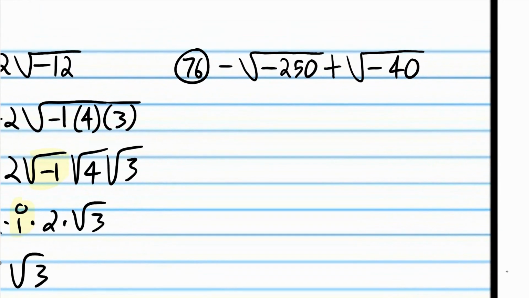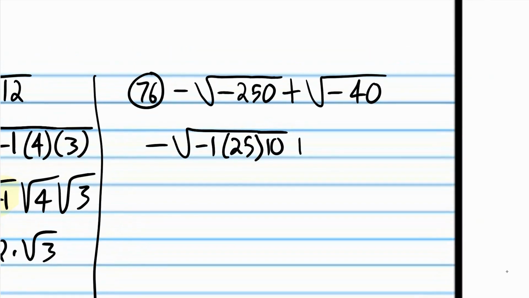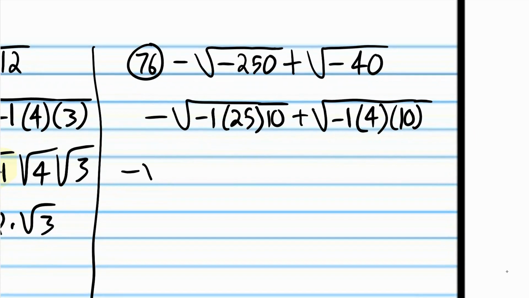All right, we're back. So we have negative 1 times 25 times 10. Again, you have to factor, so you have a perfect square there. And negative 1 times 4 times 10. And separating.